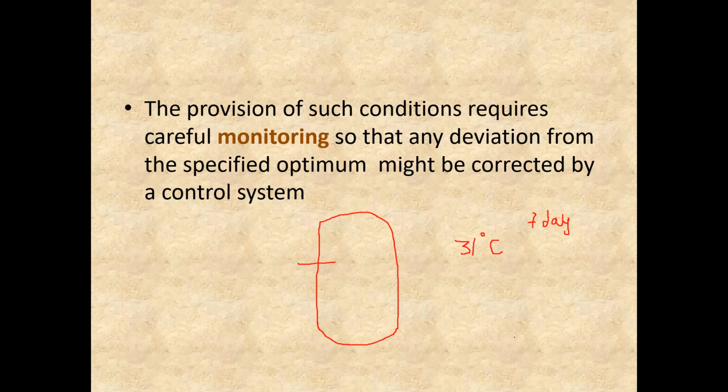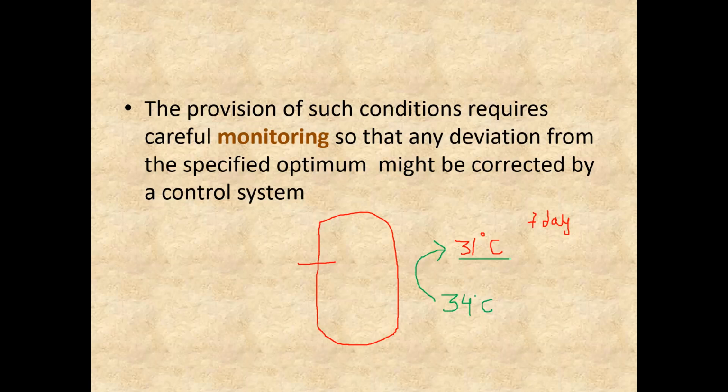And if the monitoring system tells you that the temperature is not 31, it has gone up to, let's say, 34 or 35, there has to be a control system which should bring back the temperature from 34 to 31, which is your original temperature, which is best for the production and growth.